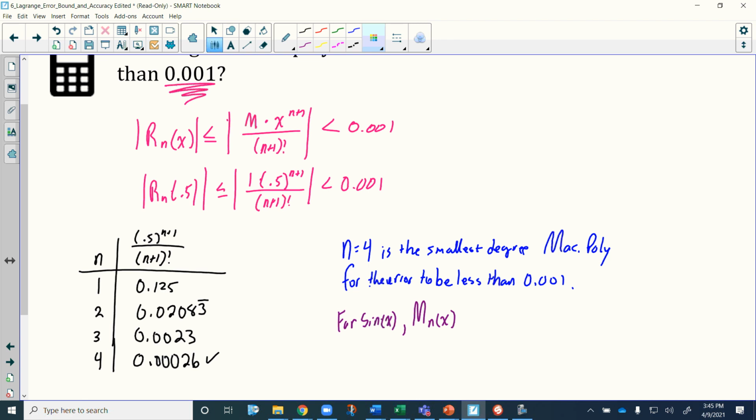This is one of the three Maclaurin series that you're expected to remember. It was equal to x minus x cubed over 3 factorial plus x to the fifth over 5 factorial, etc.